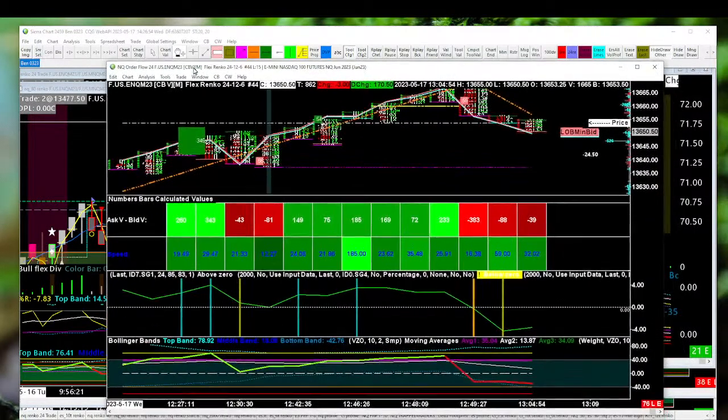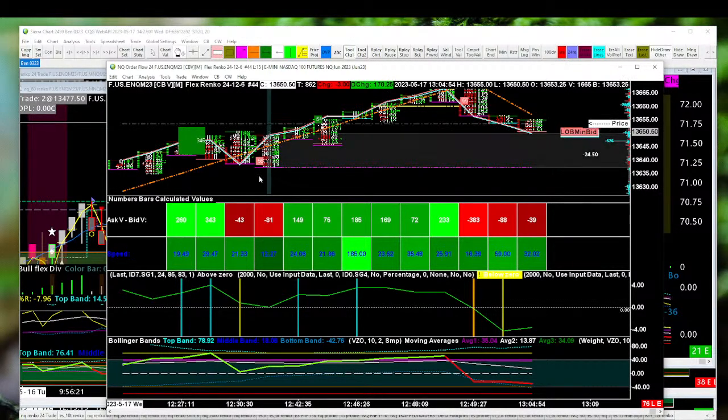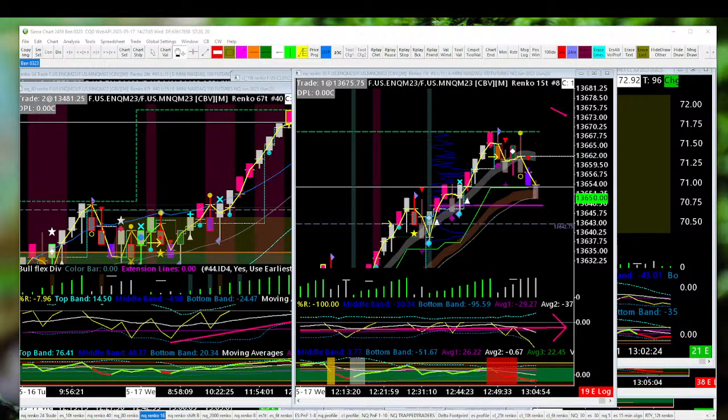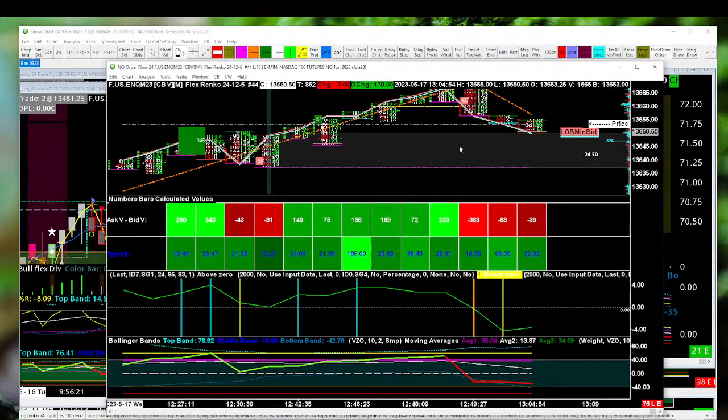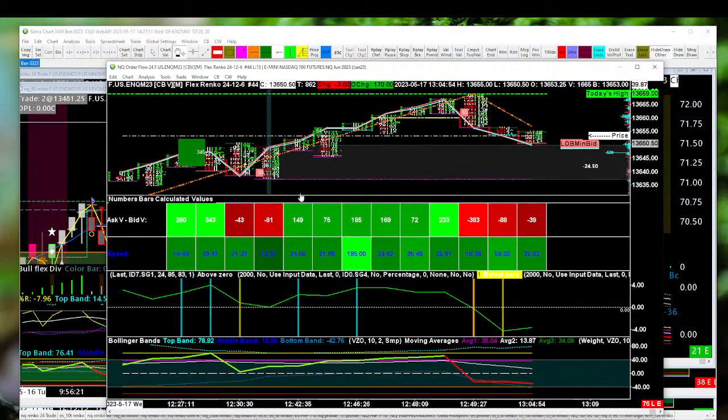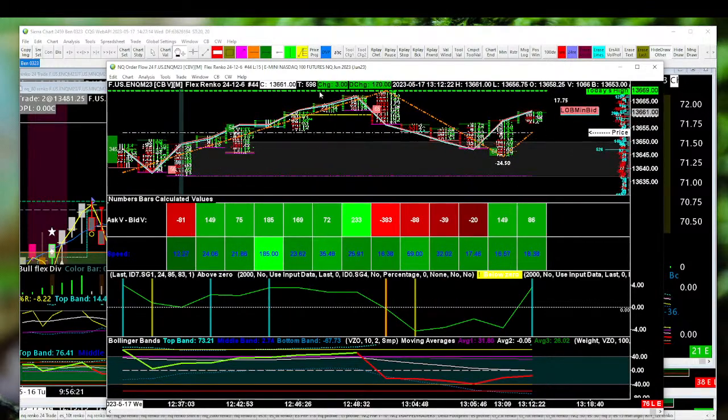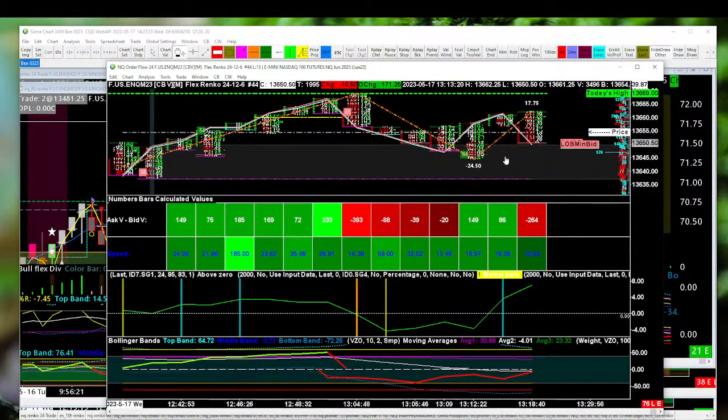How do I do that? Okay, so this area here, I guess I've got to do it like that. Weird. That area here is likely to be defended. So when we come back into it, or even if we go under it slightly, if we come back and see buyers defend it, it's probably bullish.